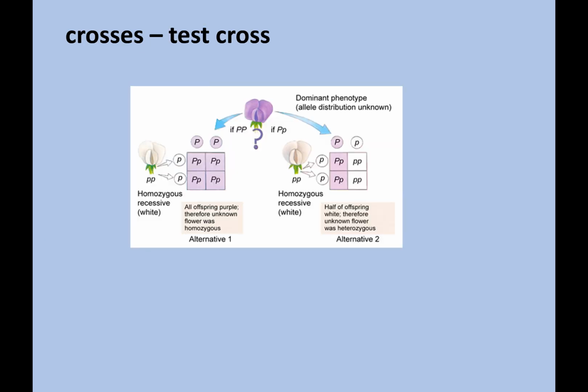And finally, test cross. The reason we use a test cross is to determine the genotype of a dominant phenotype. Right? So remember I said dominant phenotypes, you can't always tell what the genotype is.